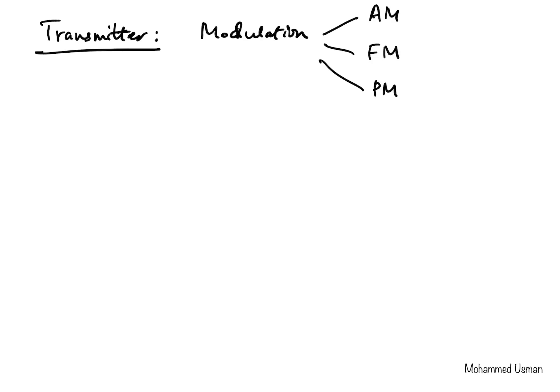Now, what kind of modulation is used at the transmitter? That depends on several factors, such as the characteristics of the channel and the bandwidth available on the channel, the propagation properties, and also the kind of hardware or electronic devices that are available for implementing the transmitter.